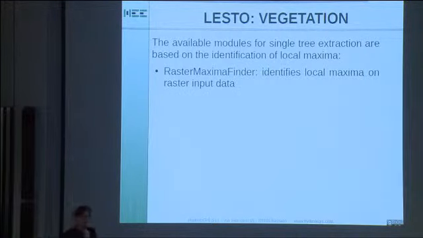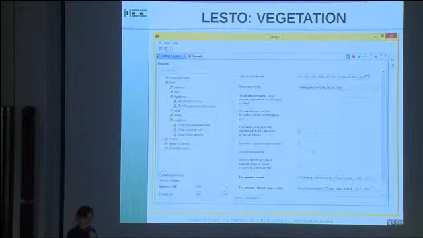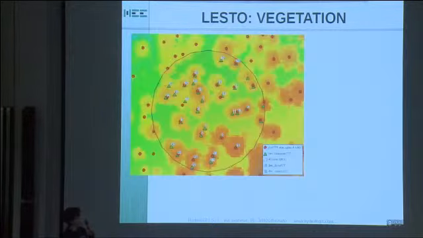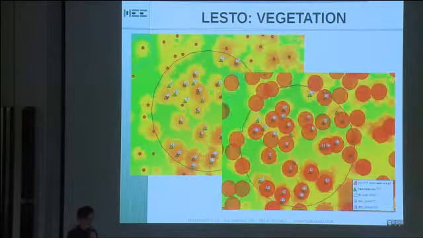Some tools to extract the vegetation are based on rasters, derived or interpolated rasters, and give this result. The output is the position here in red, the extracted positions of the trees, and the green triangles are the trees measured in the field with Paparazzi.